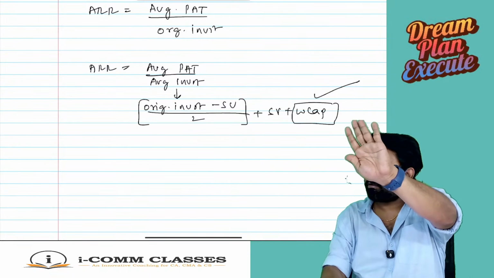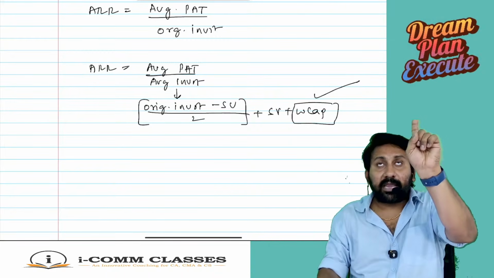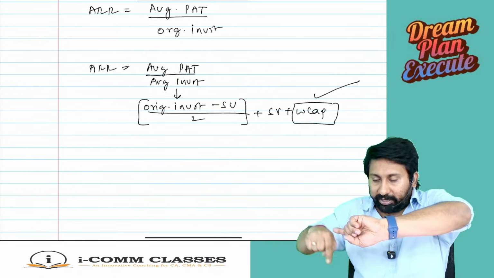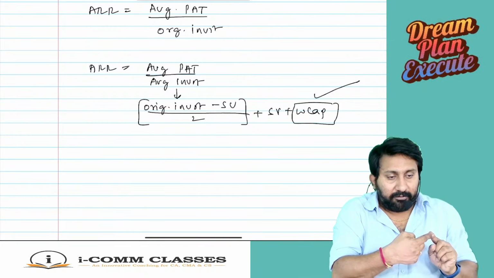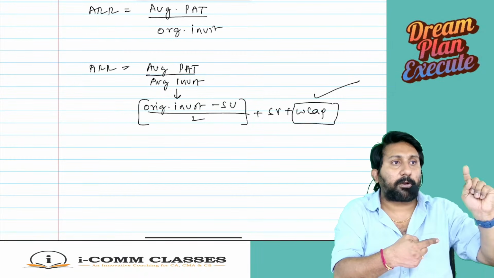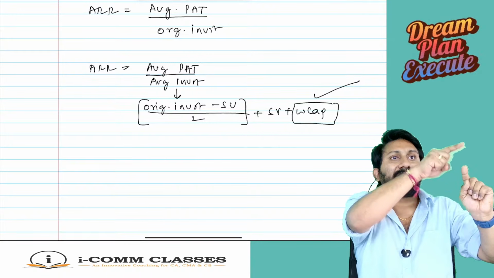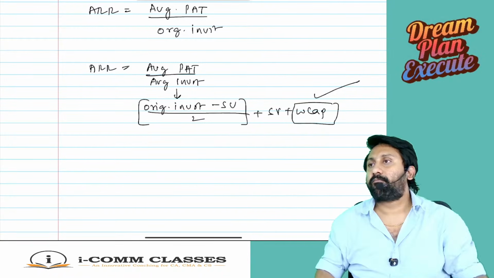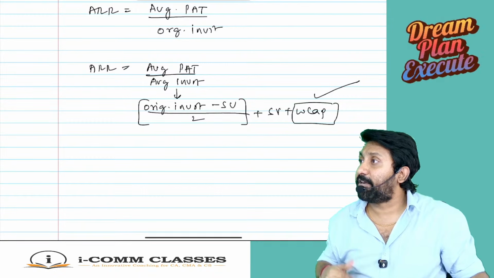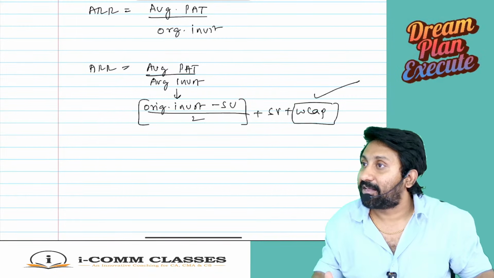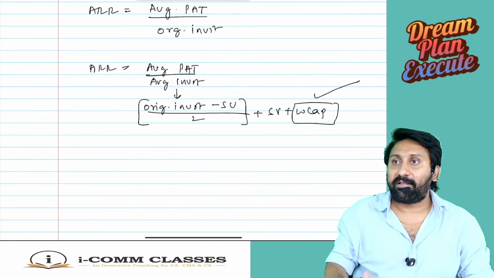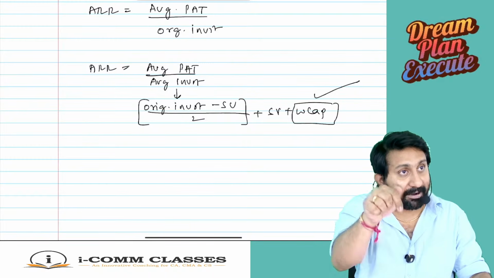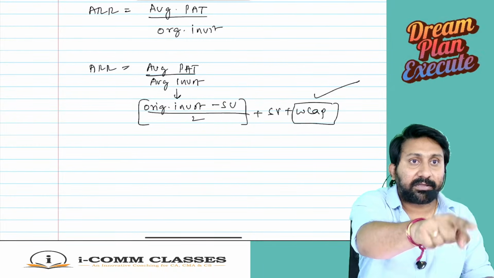Cash became raw material, raw material became work in progress, work in progress became finished goods. Finished goods are sold to debtors at a profit. Debtors gave me 2,50,000 rupees. Again this 2,50,000 goes into the cycle. Means every time we need to invest, the cycle will automatically take care. That's called the working capital cycle. On that we have a separate chapter called working capital management. There we will see that.